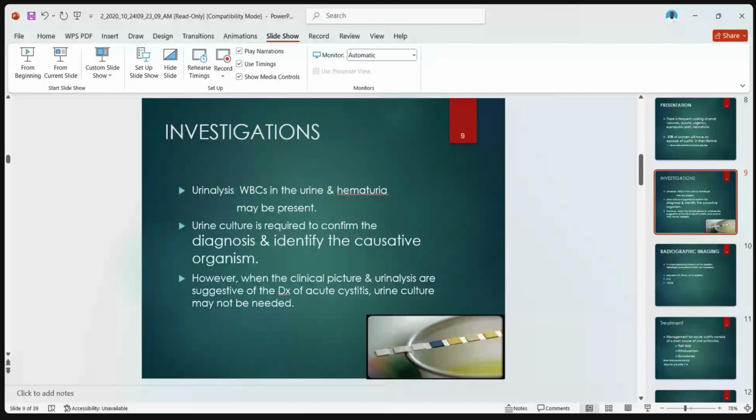Alafu after that ndio sasa wanaenda for sensitivity. Sensitivity test ni test tu ya antimicrobial, antibiotic.